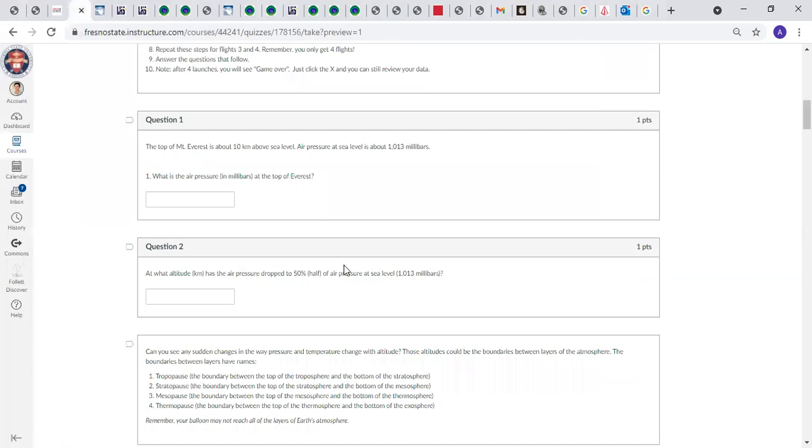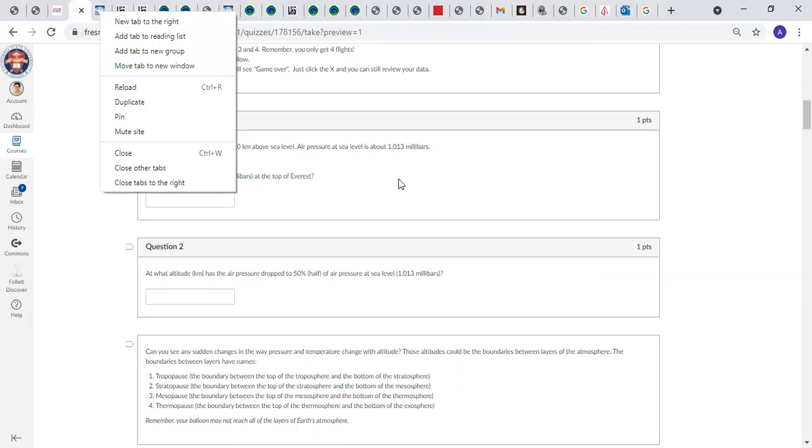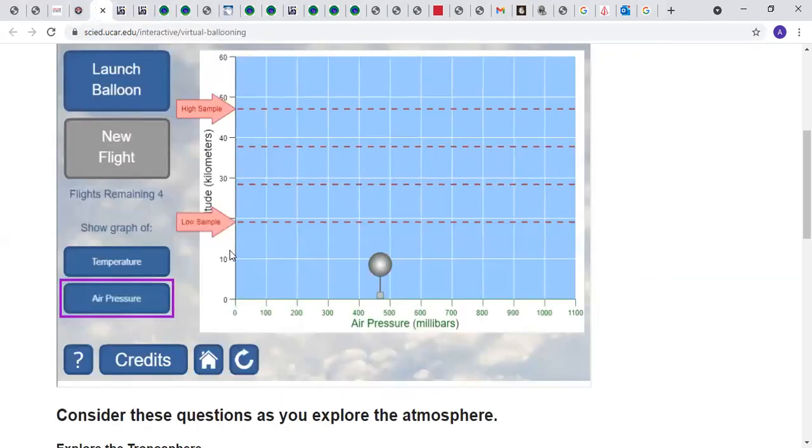Once you have the pressure for that, you're going to find at what altitude you have half of that pressure. So you're going to see at what altitude you get half of 1013 millimeters.